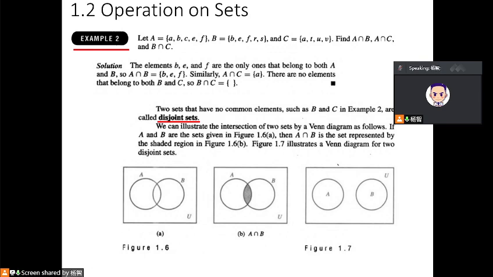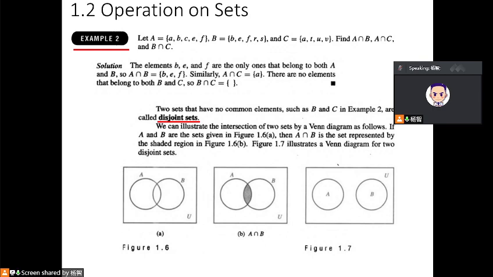At the end of last week, we learned what a disjoint set is. When the intersection of A and B is empty, we say that the two sets are disjoint sets.